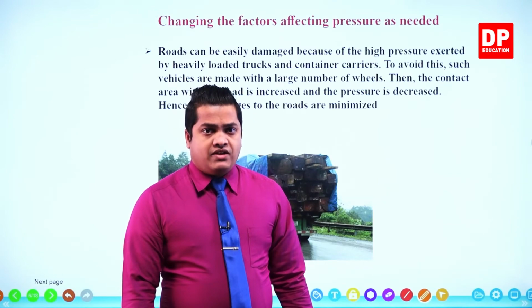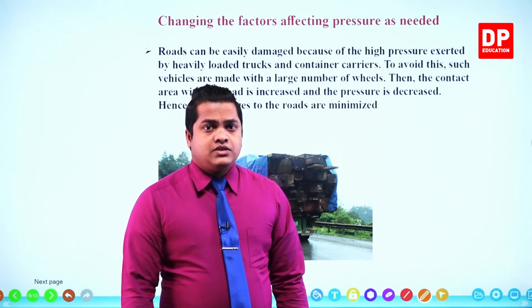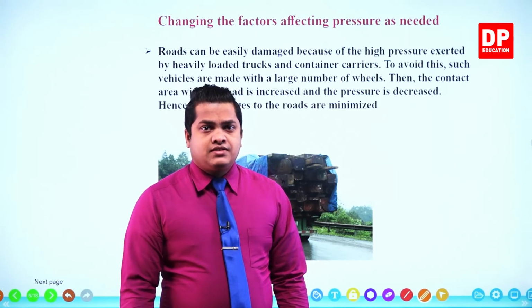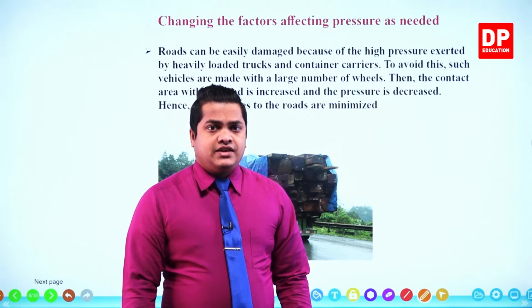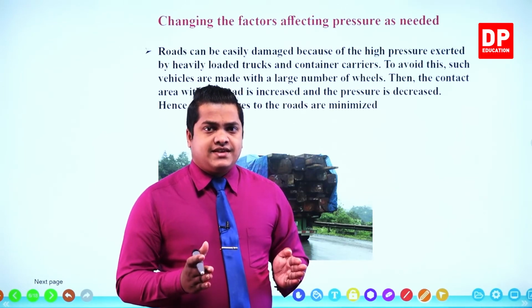As there are 12 wheels, the contact area with the ground is very high. What will happen if there are only 4 wheels? Then the contact area is going to be very less. You know that each tire has some amount of surface area.